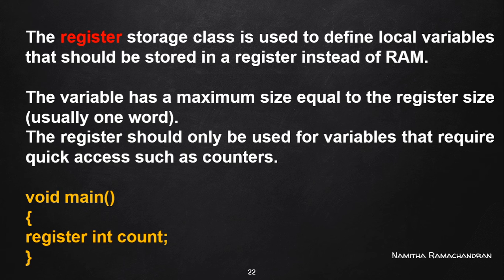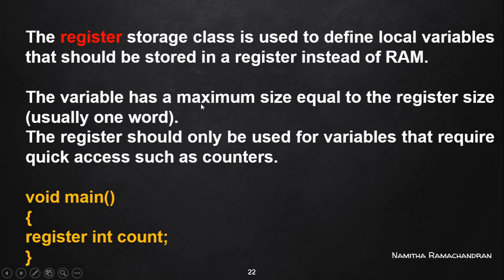This register set actually indicates a small amount of storage space directly available with the processor. So the limitation is, if the variable has a maximum size equal to the register size, then only we can declare a register type variable. If we want to allot more storage space, then we can't declare the variable as register.